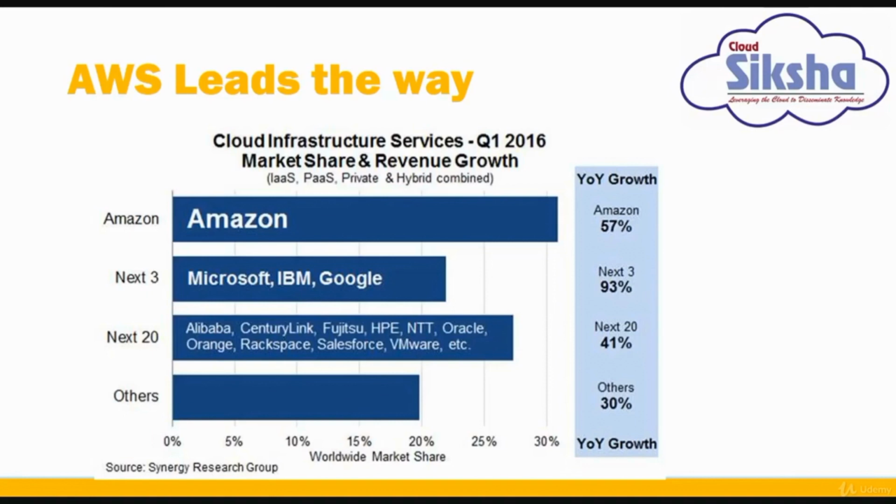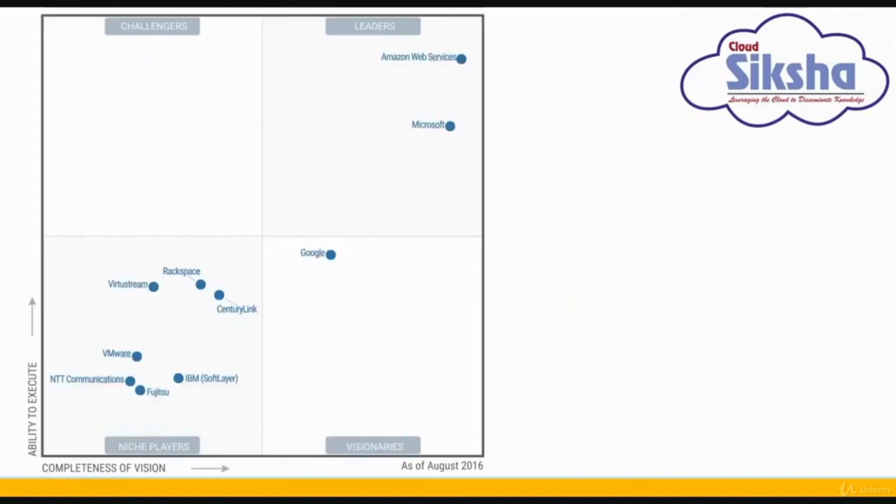Not only is innovation leading them as market leaders, it also ensures that they are categorized as visionaries as well. Now, Gartner every year comes up with something called a magic quadrant. In this quadrant, you see two parameters against which Gartner evaluates various companies.